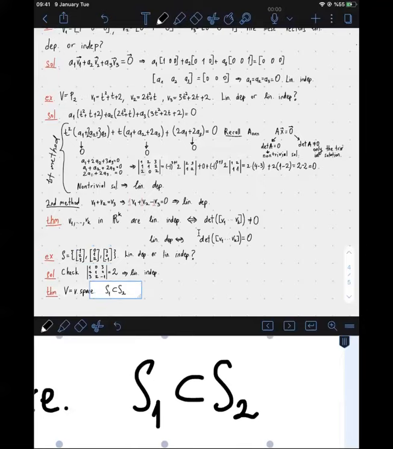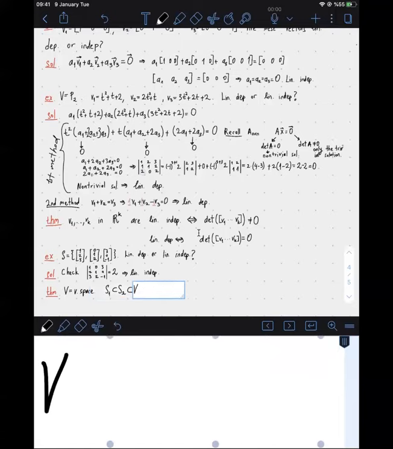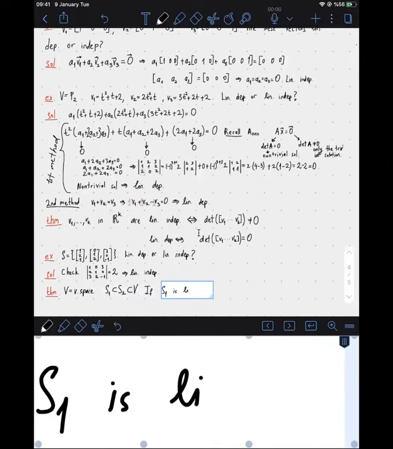S1 is a subset of V, S2 is a subset of V, but S1 is also a subset of S2. So if the smaller set, which is S1, is linearly dependent, can we say something about S2?